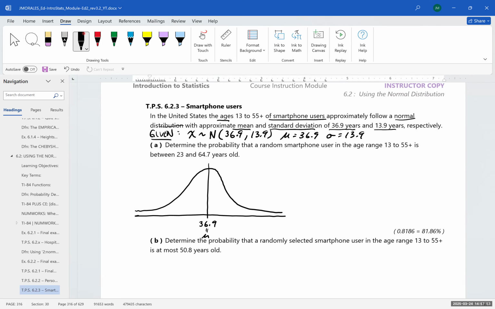So 36.9 plus 13.9 gives us 50.8. Let's go another 13.9. It gives us 64.7. Let's go another 13.9. 78.6. So yeah, too much for me to do in my head.